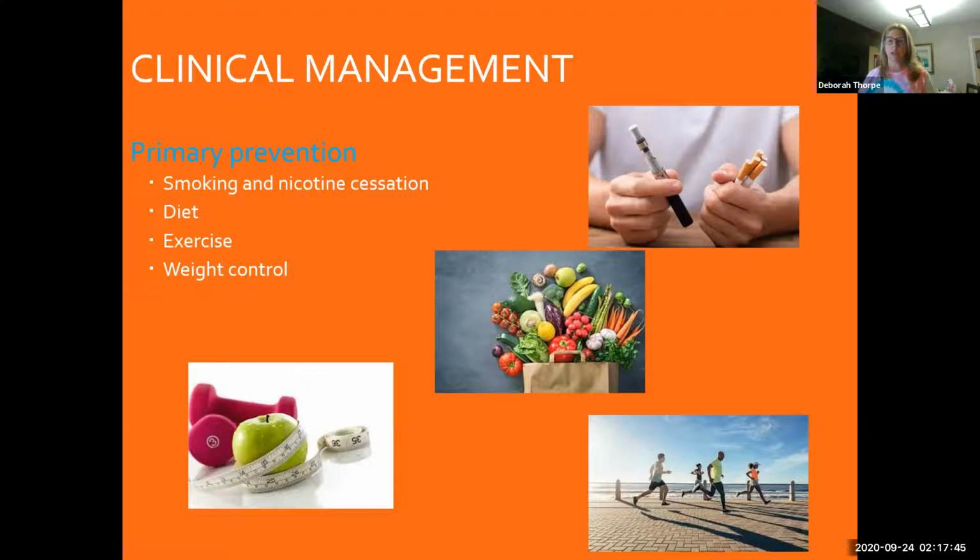So when you think about that, what is that? 30 minutes 5 days a week, of moderate intensity activity. With children 12 to 19, you should encourage 60 minutes of moderate intensity activity every day.